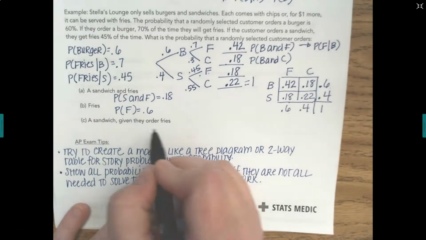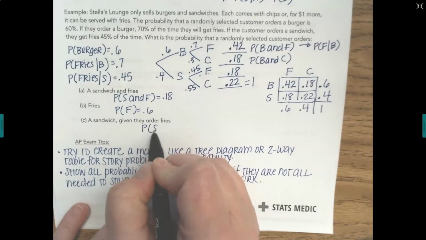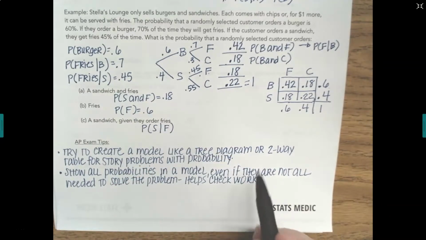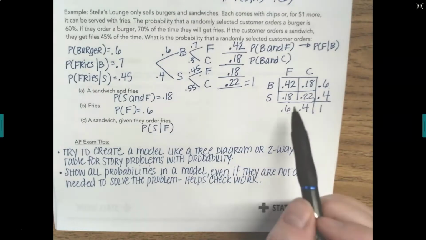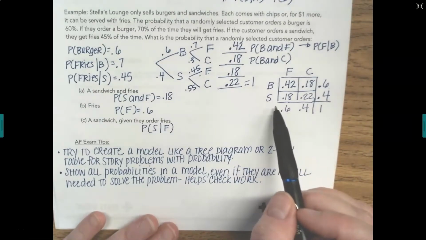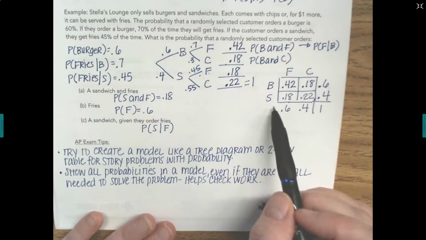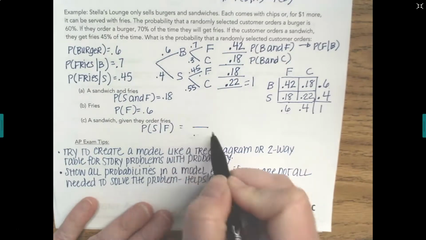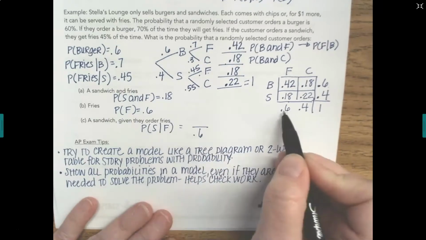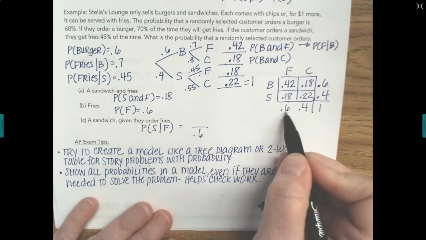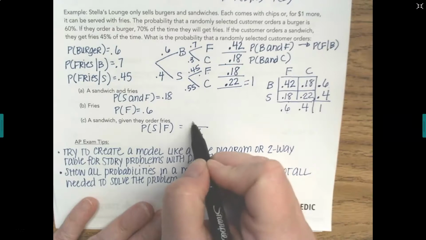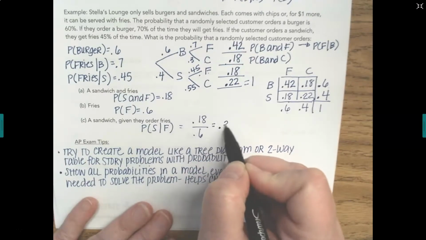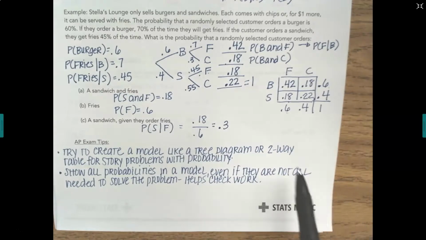So what is the probability of a sandwich given they order fries? Given that they order fries means 0.6. So out of these 0.6, what's the probability they order a sandwich? 0.18. When I divide that down, that gives me a 0.3.